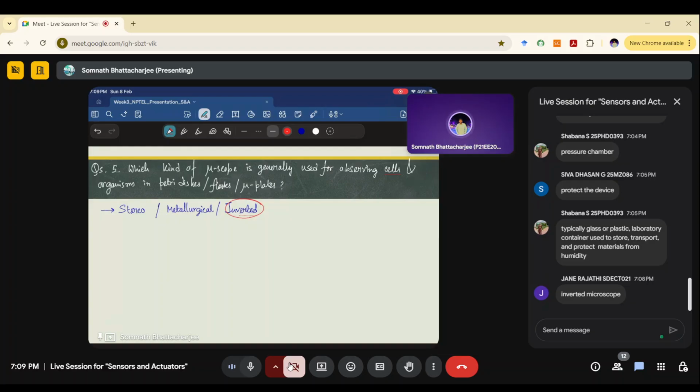So what does a stereo microscope do? Anyone have any idea? So what is it used for?